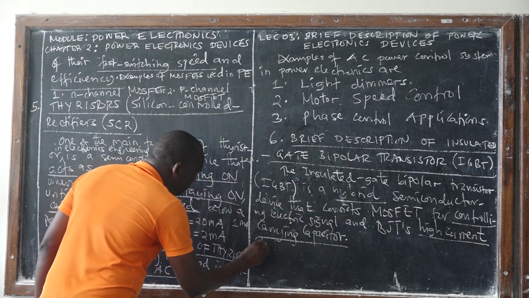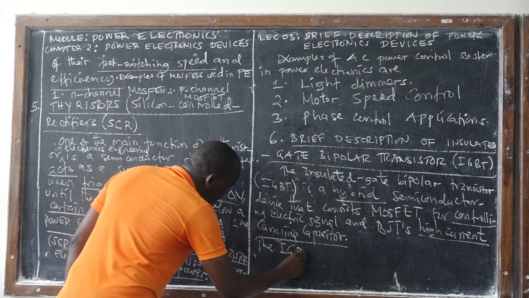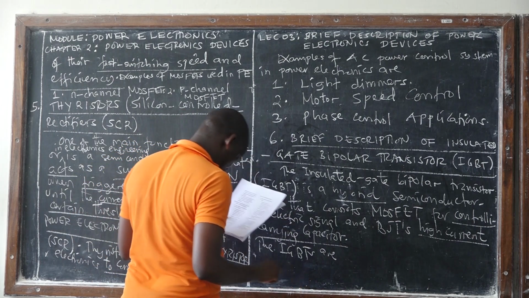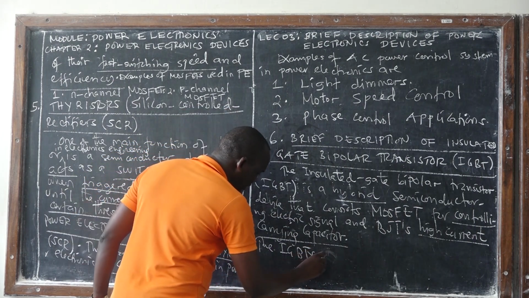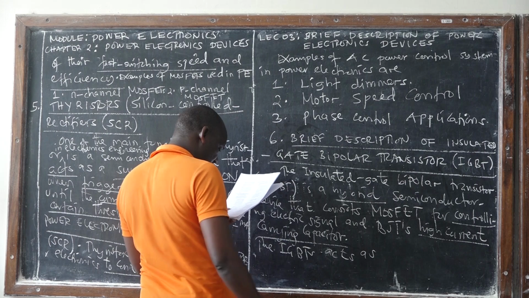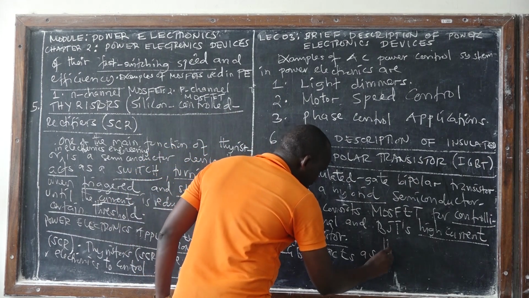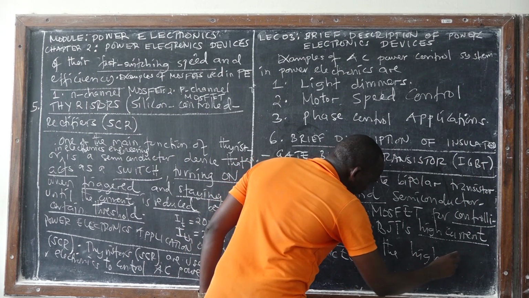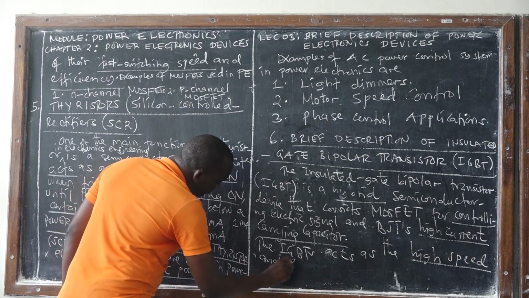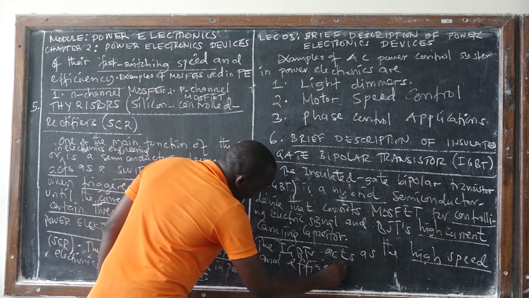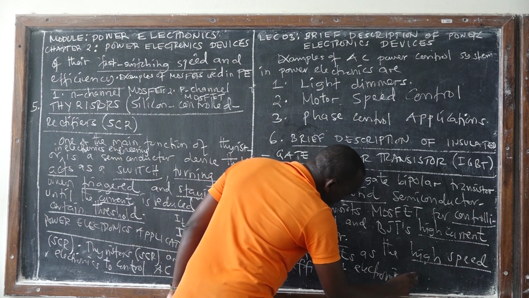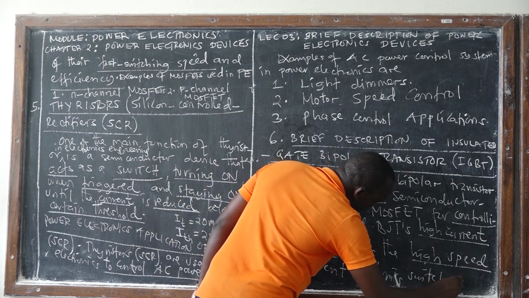So you say that insulated gate bipolar transistors are BJTs acting as a high speed and efficient electronic switch.